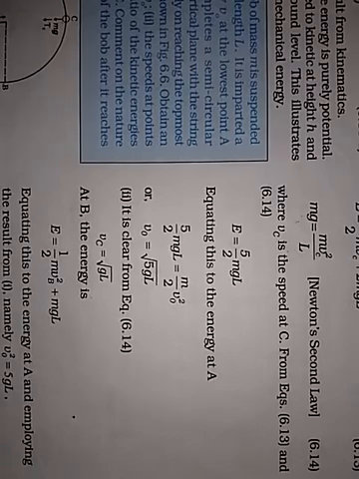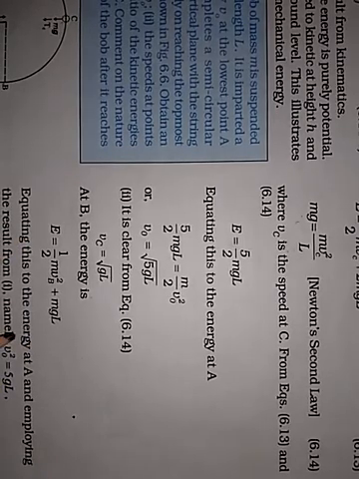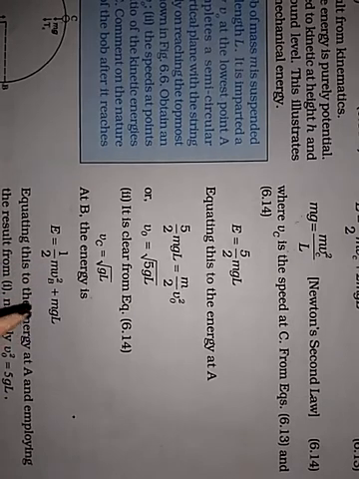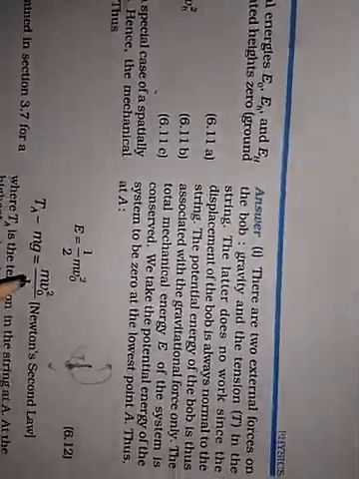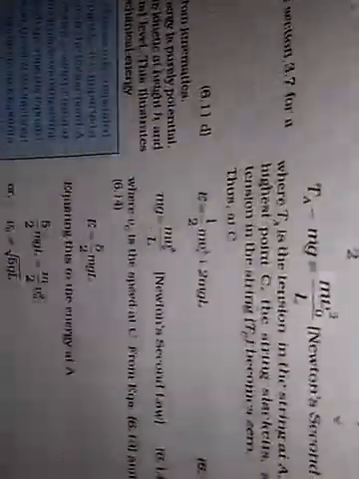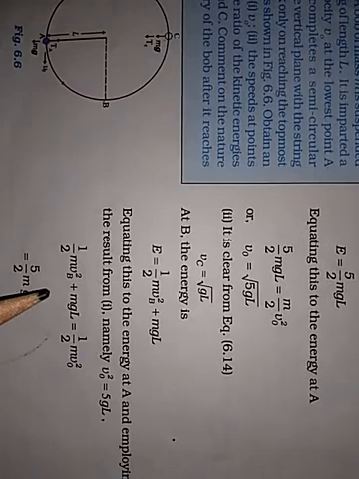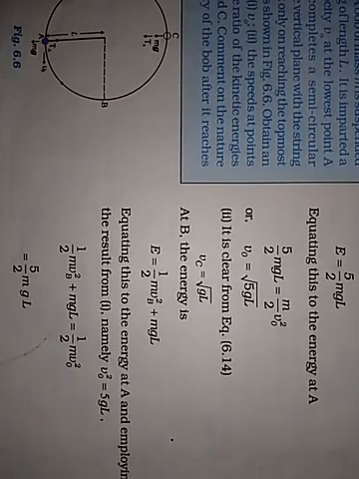Now the length is only L. Either you calculate vertically or horizontally, it is only L. So equating this to the energy at A, that means half mvb square plus mgL, this is at B, and A we got already, which is half mv naught square. So now we can equate both these equations. So half mvb square plus mgL is equal to half mv naught square.